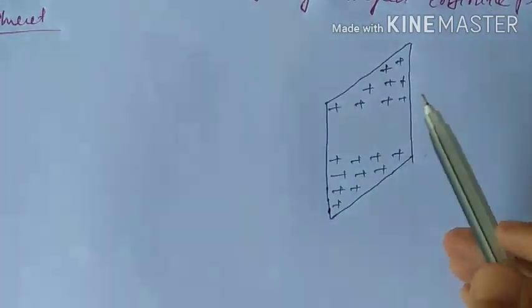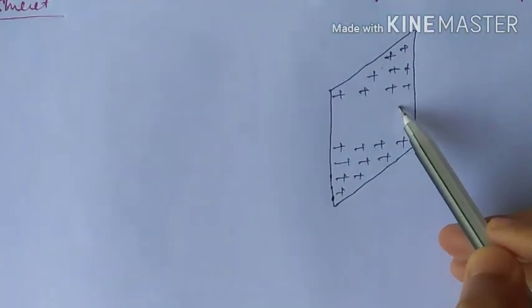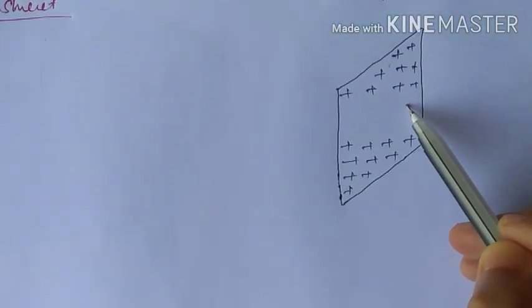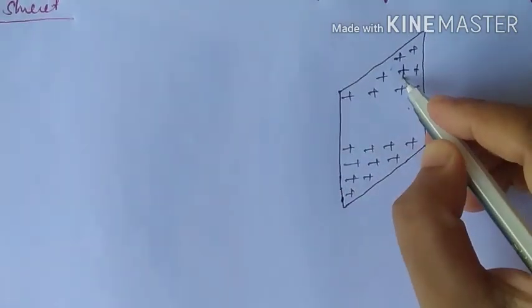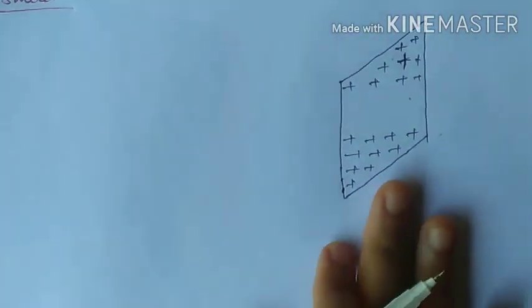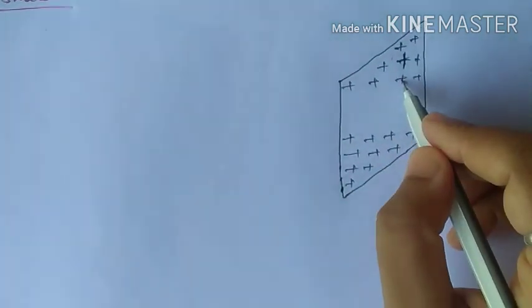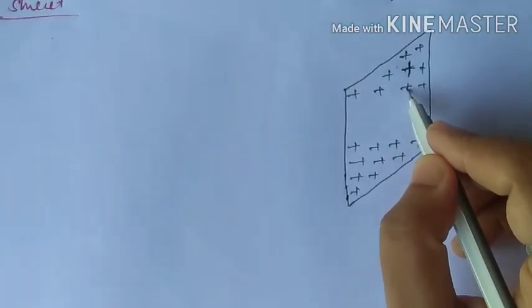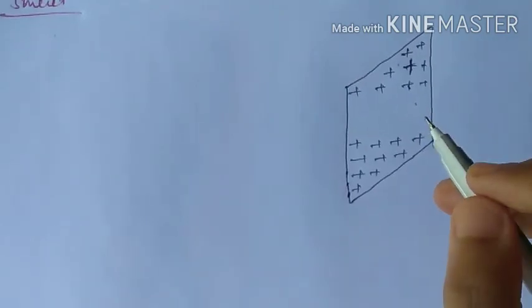Plane sheet. So as the charges are distributed here, is it areal or volumetric? As it is planar, so area vector or surface charge density will come into picture. So let its charge density be sigma.